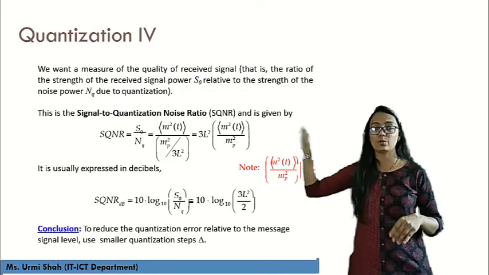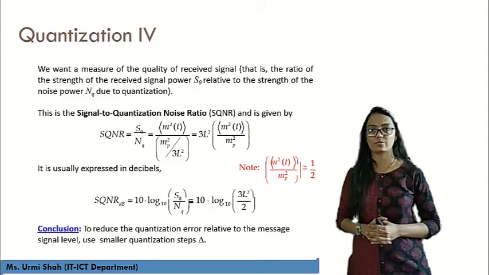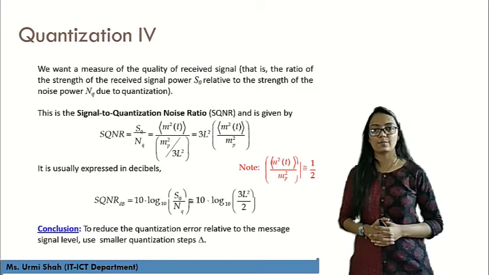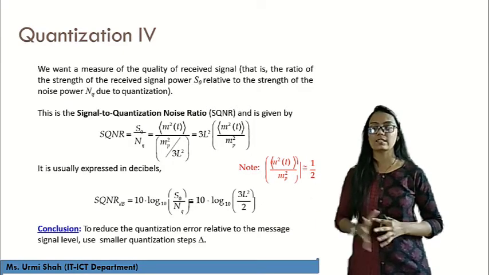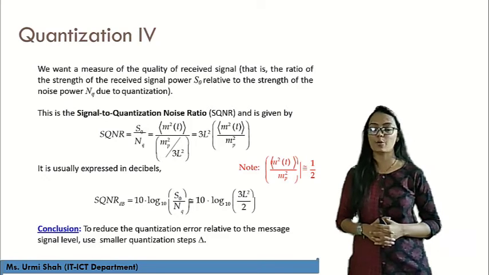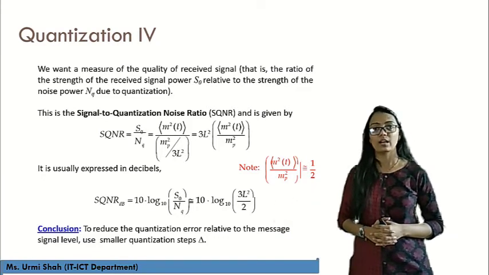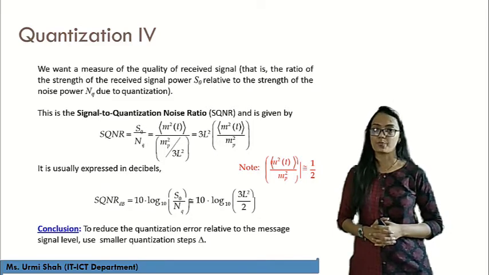So S0 is equal to M square of t divided by the noise power value, that is MP square by 3L square, and finally the SNR value generated in decibel or log form will be 10 log of 3L square by 2, and its base is 10.